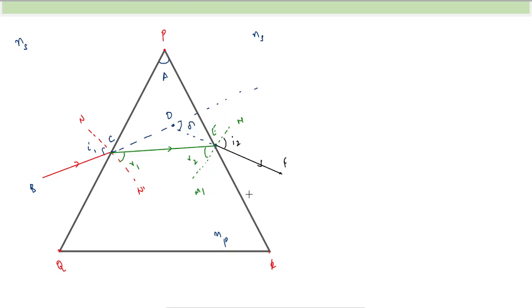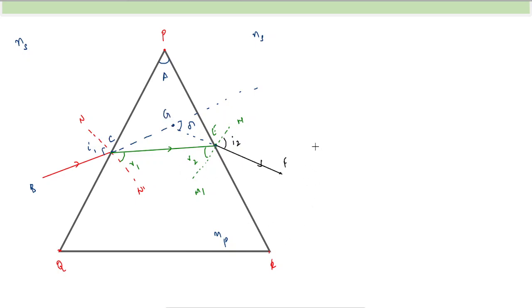Here we need to find the expression for the angle of minimum deviation as well as the prism's refractive index. Let's call this point something else, because the term D is reserved for the angle of minimum deviation. Let's call this point G.